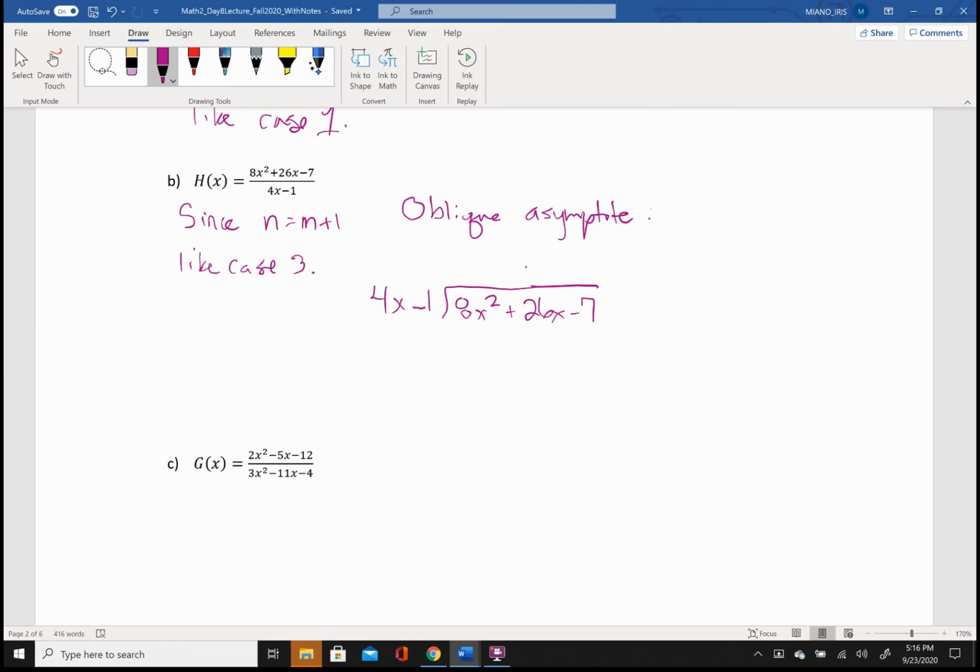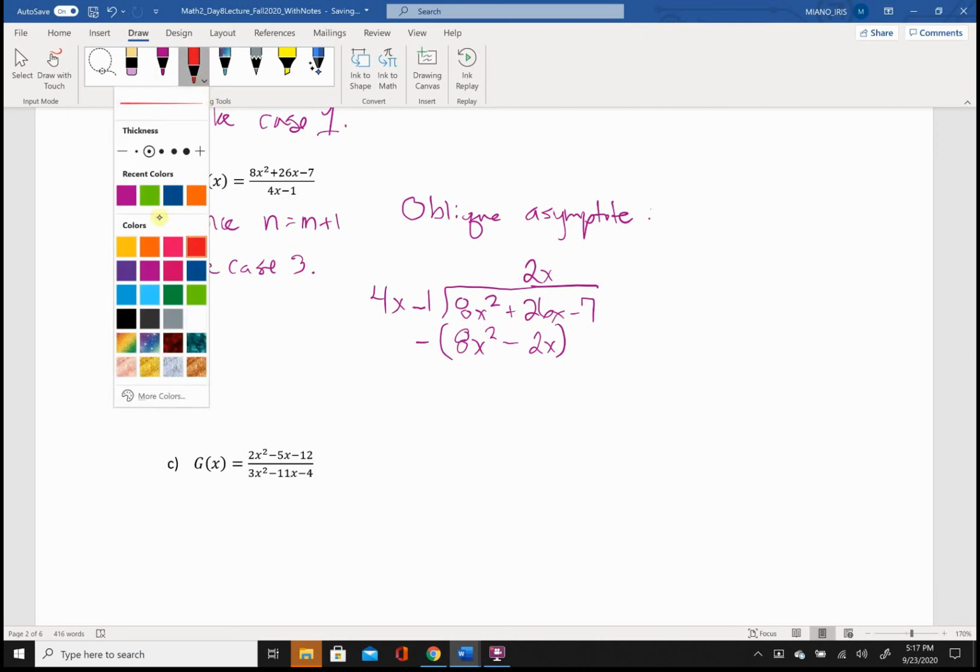So go ahead and put your 2x in the quotient area up top and multiply through. You got to multiply this 2x by the entirety of 4x minus 1. So that'll give us 8x squared minus 2x. Okay, and these two first terms should match up, and if they don't, then you're doing it wrong because you're going to end up subtracting all of this bit. Now, let me change the color to something that's going to pop, like the green.